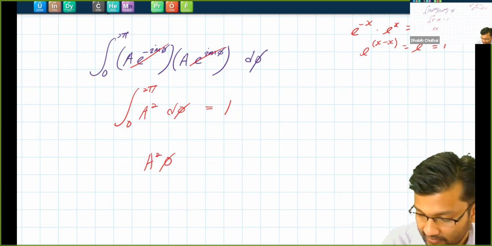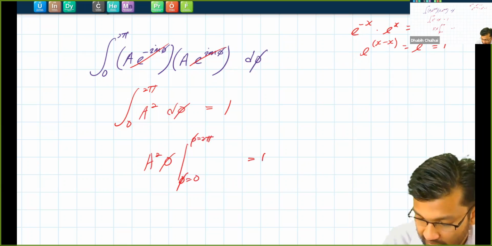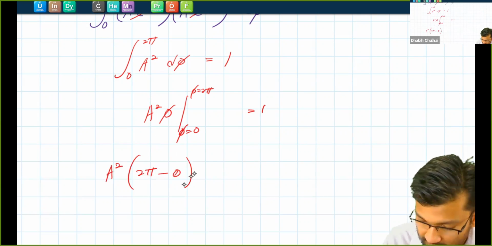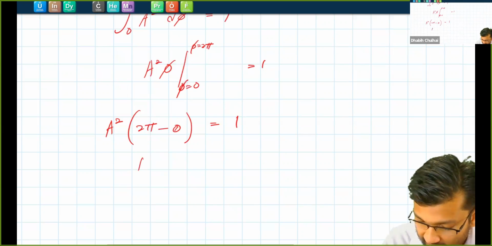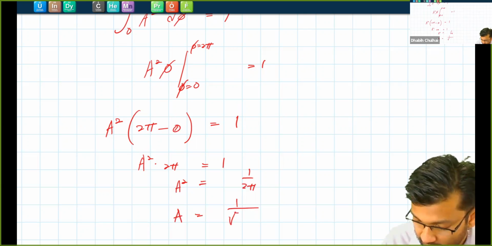It's a constant. But this integral must go from phi equals 0 to phi equals 2 pi, and that should all be equal to 1. So that becomes a squared times 2 pi minus 0 is equal to 1. So a squared times 2 pi is equal to 1. It means that a squared is equal to 1 over 2 pi, or a is equal to 1 over the square root of 2 pi.